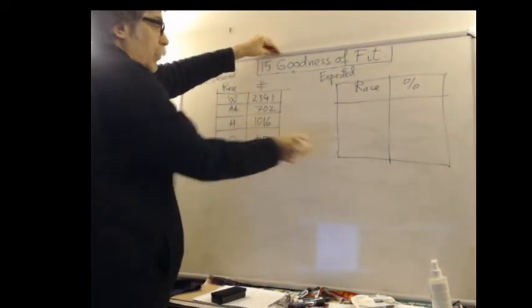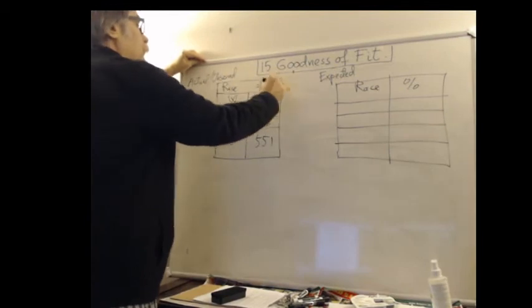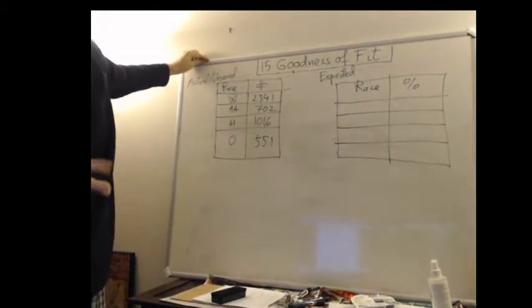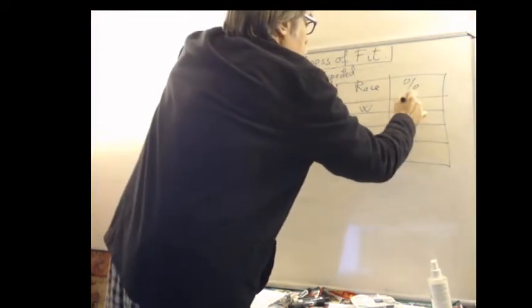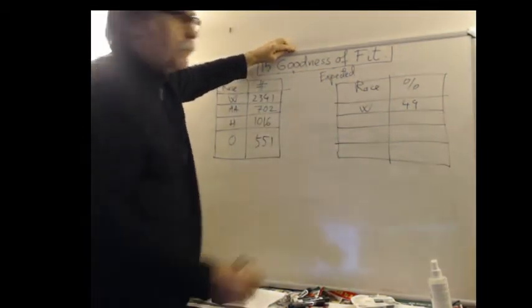Out of the white population, we have 49%. Out of the African American population in the community, we have 15%.